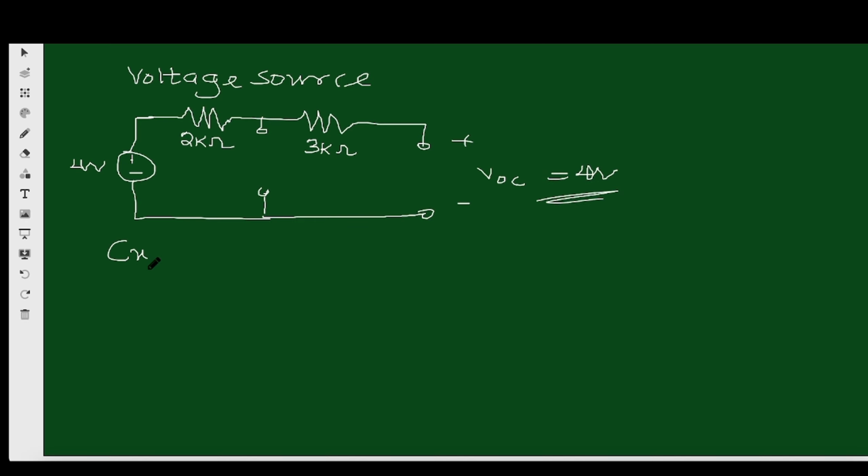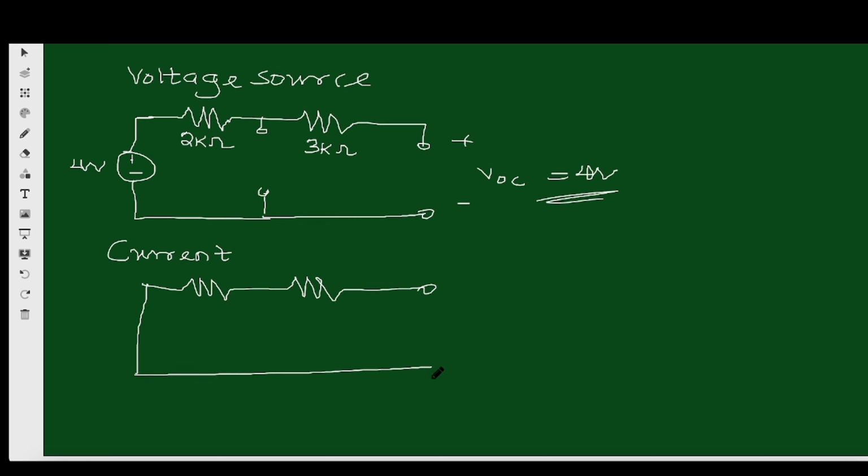Then the contribution of the current source, which means that we are shorting off the 4 volts source. We still have 2 kilo ohms here, and we have 3 kilo ohms here. It's an open circuit because we've disconnected the load resistor. Then we have the current source here, which is 2 milliamperes, and this is 2 kilo ohms.